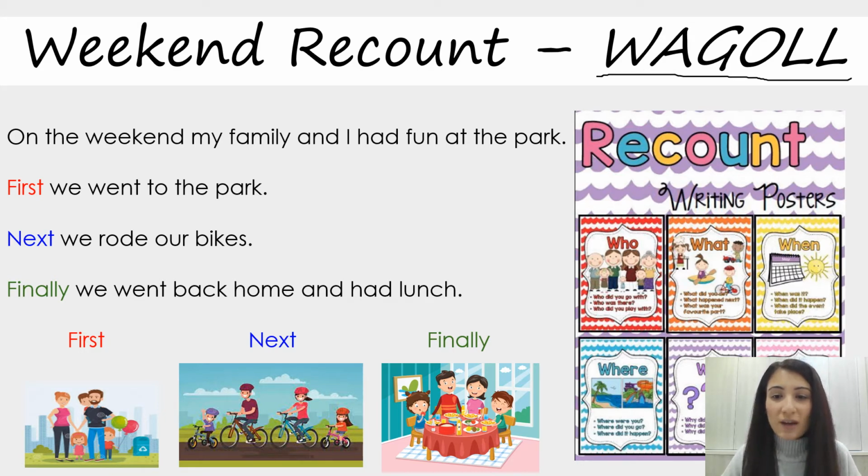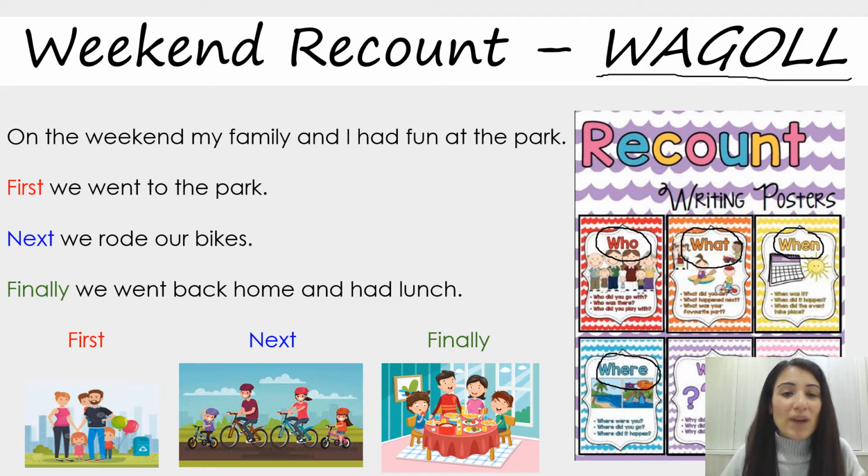And our 4 W's you can see are on the right-hand side of the screen on the poster. So the first one we'll think about is who. Who was there? The next one is what. What did we do? The next one is when. When did it happen? And the last one is where. Where did it happen?